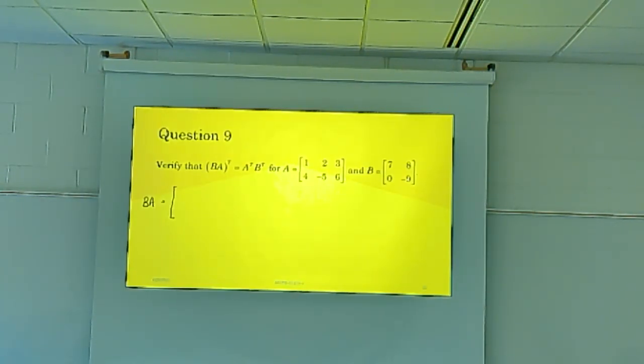The one entry would be 7 times 1 plus 8 times 4. So 7 times 1 is 7, 8 times 4 is 32. 39. No, I'm going to erase that for now. Next column, sorry. Right, it's 2 by 3, not 3 by 2.